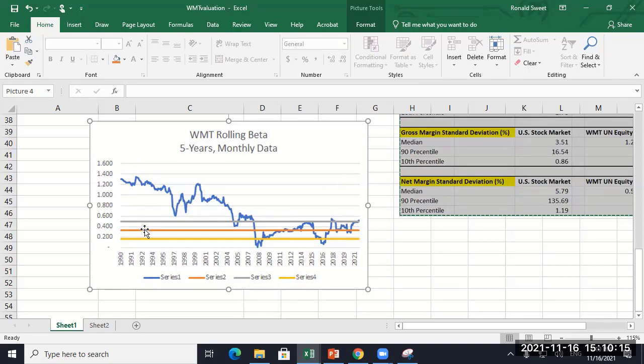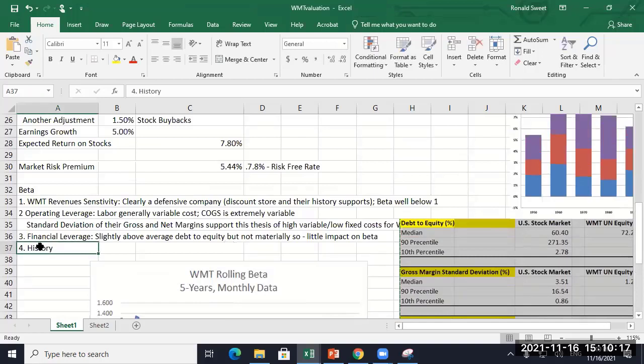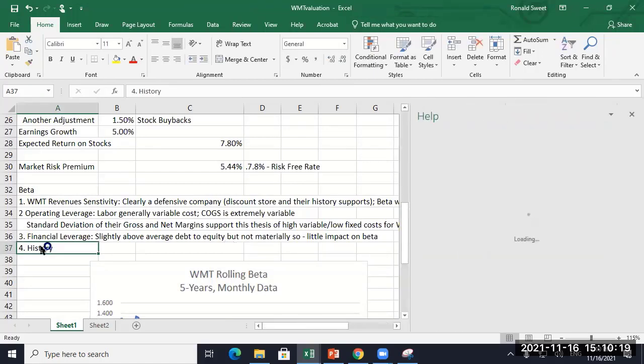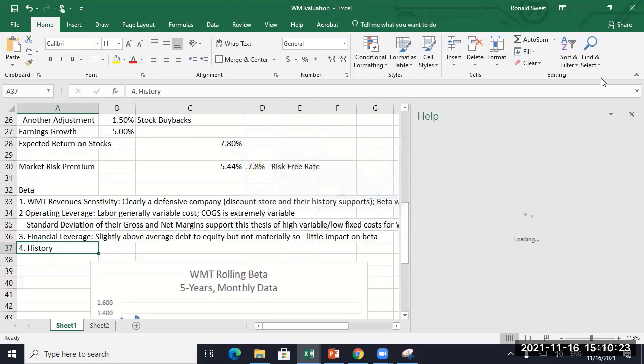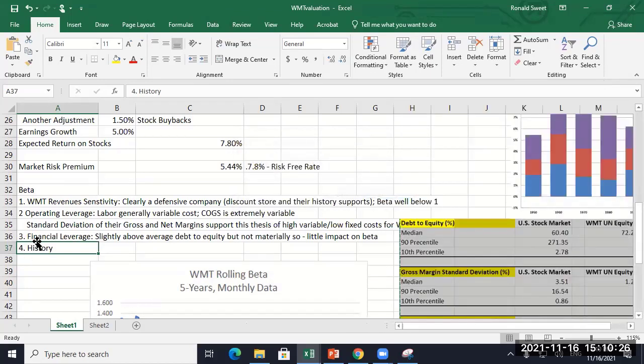So Walmart's history suggests a very low beta, below 0.5.